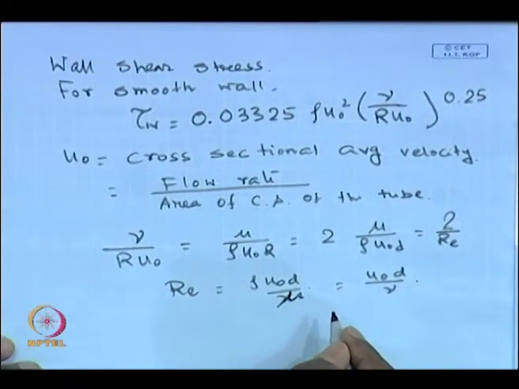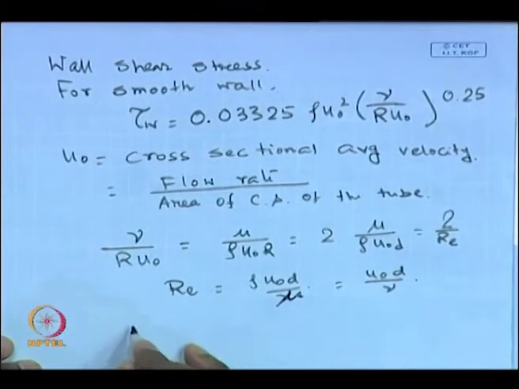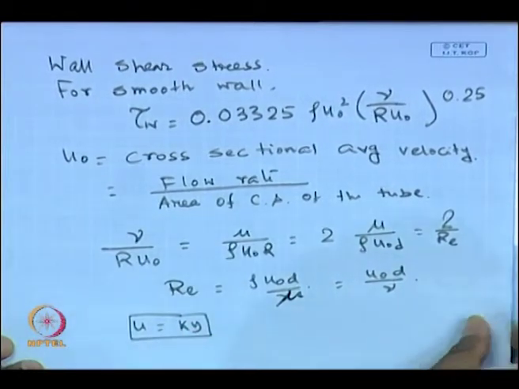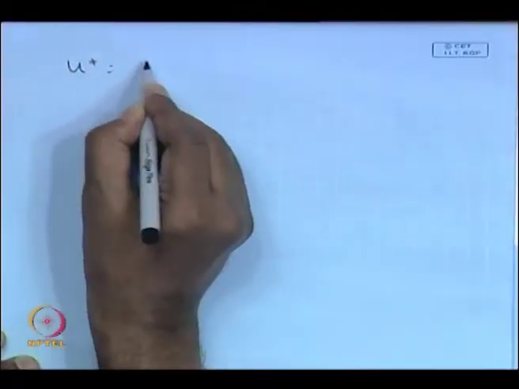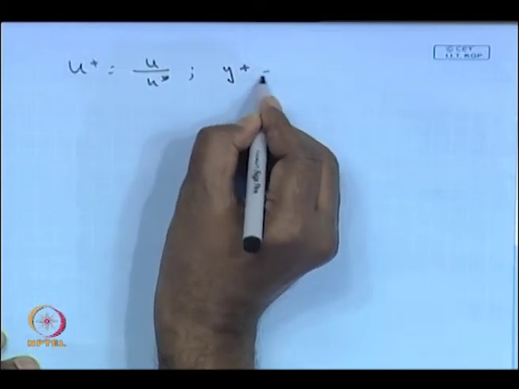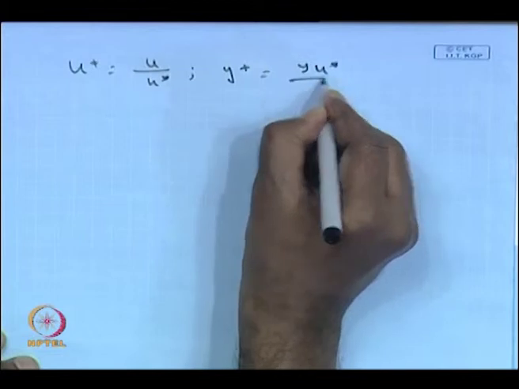Okay. So, we identify that, and let us get the expression of u in the form of k y. So, that is our idea. If you do that, then let us define u plus as u by u star and y plus is equal to y u star by nu.